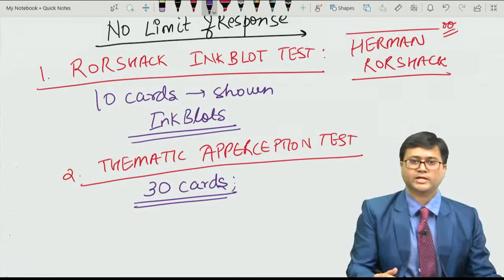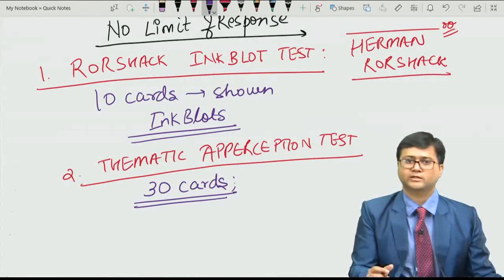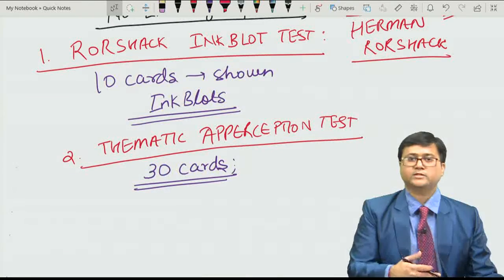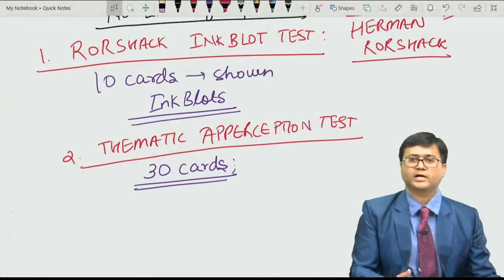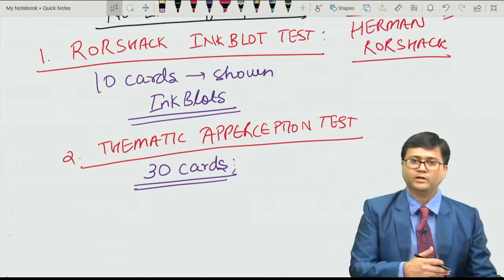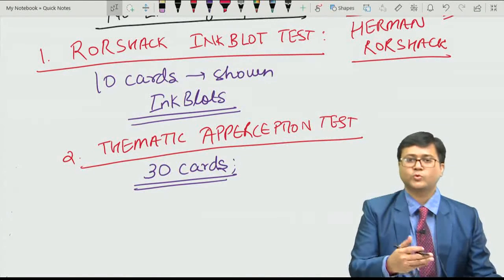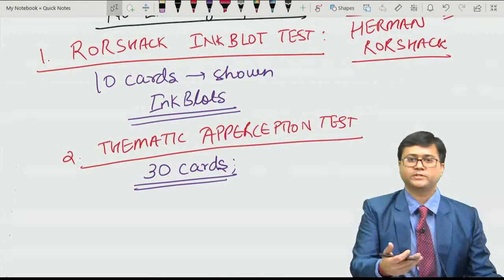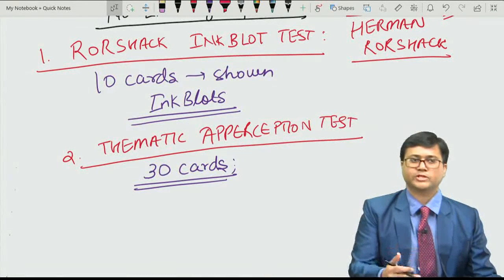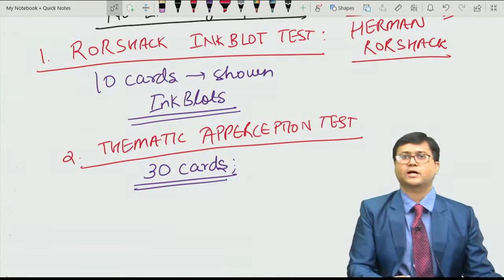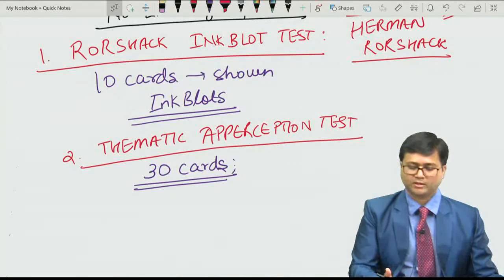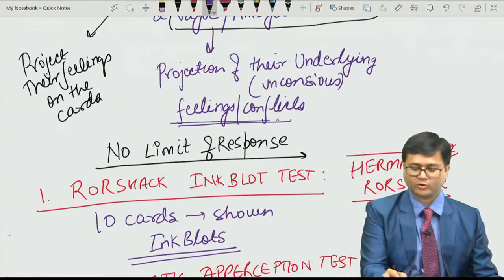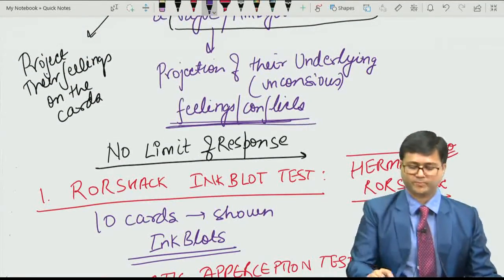For example, a person standing or various other events are on that card, and the person is asked to write a brief story regarding that card. For example, what happened just before this, who all are there in the picture, what are their emotions, and what will be the future. So the person is asked to write a short story, which subsequently helps us to determine his inner feelings or inner conflicts.